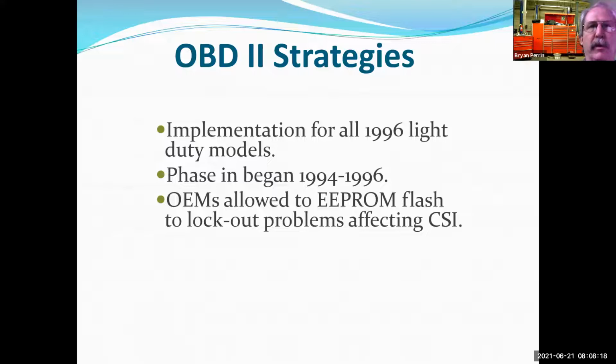because it's electronically erasable read-only memory. So the OEMs are allowed to do updated calibrations to lock out problems affecting CSI, customer satisfaction index.